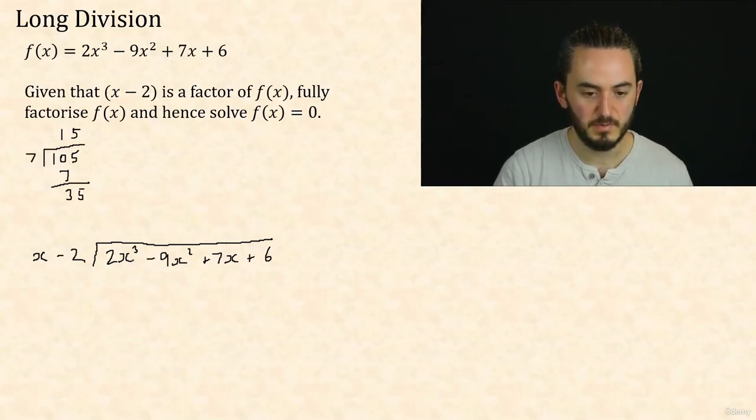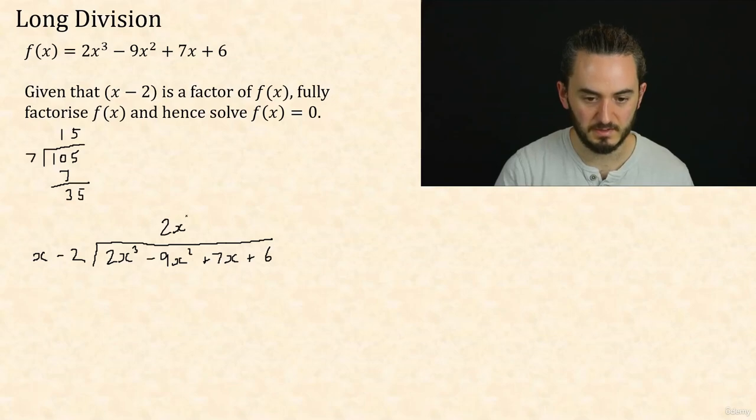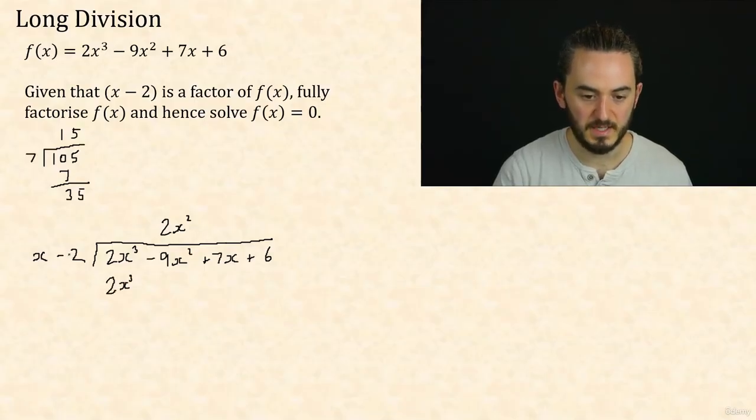Well, it's 2x squared. I'm going to put that in the x squared column up here, 2x squared. Now I multiply 2x squared by both of the terms here. That's 2x cubed, and 2x squared times negative 2 is minus 4x squared. I then do a subtraction, just like I did 10 minus 7 here.